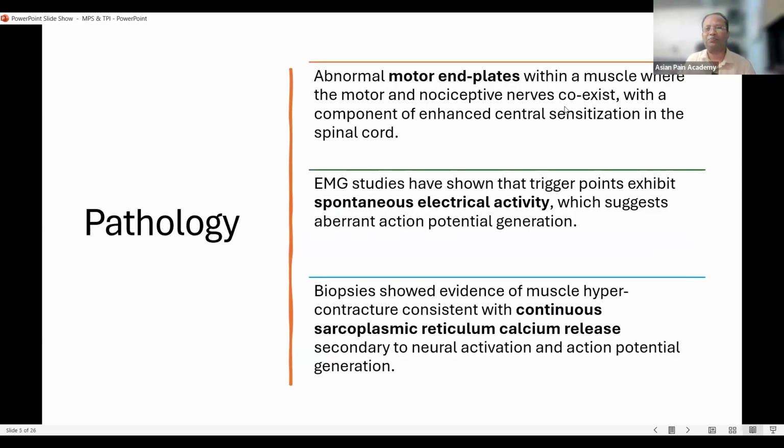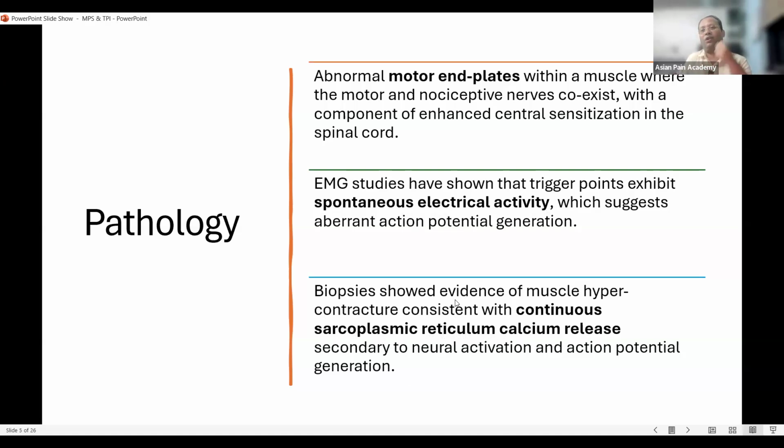Pathology, what happens? This is a problem in the motor end plate of a muscle, where there is a knot-type formation. So, abnormal motor end plate. Spontaneous electrical activity starts there. What does this spontaneous electrical activity cause? The sarcoplasmic reticulum becomes contracted, with continuous sarcoplasmic reticulum calcium release, and ultimately it is a hypercontracture.